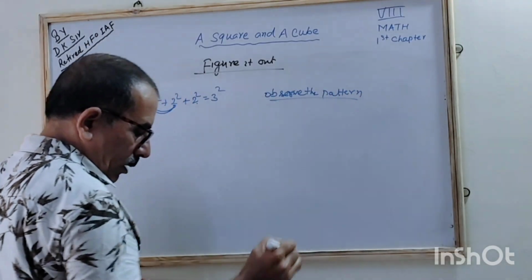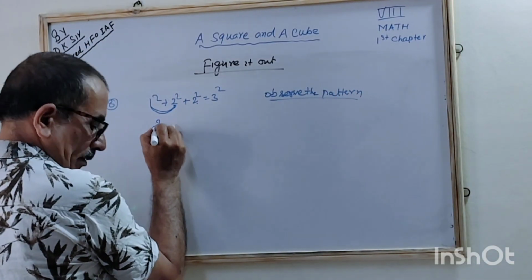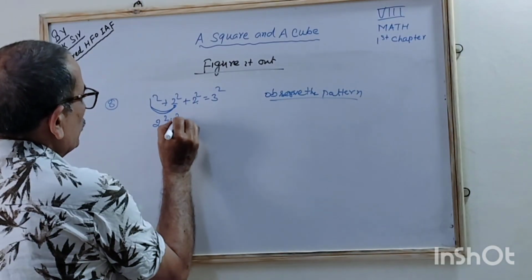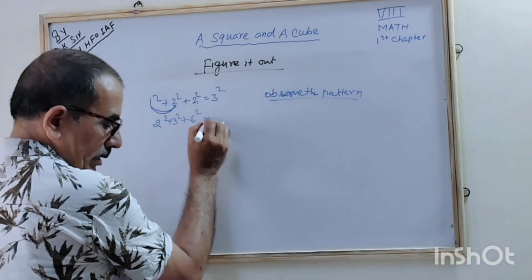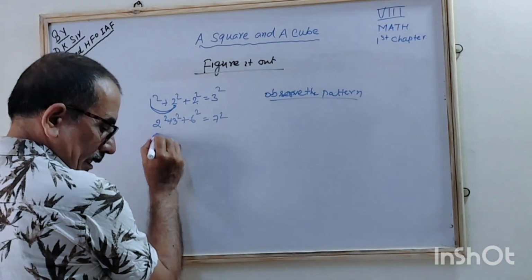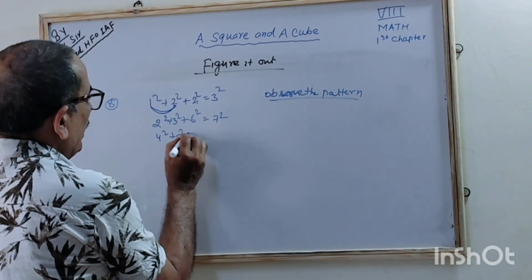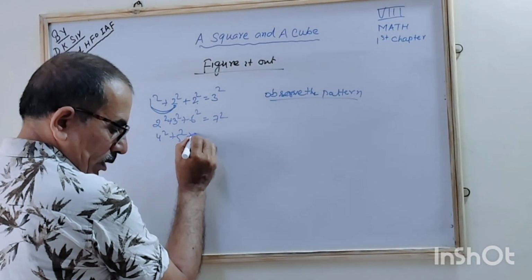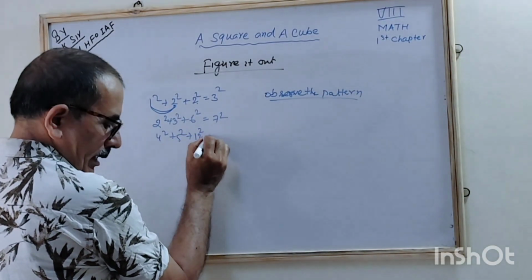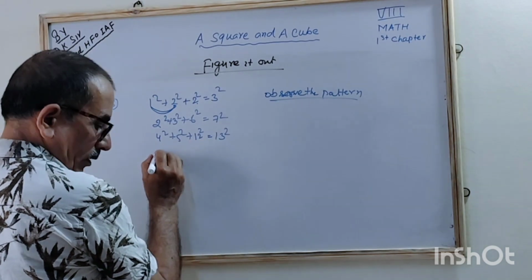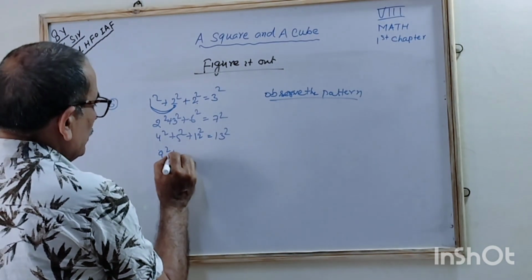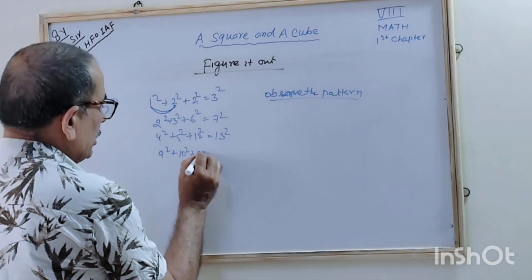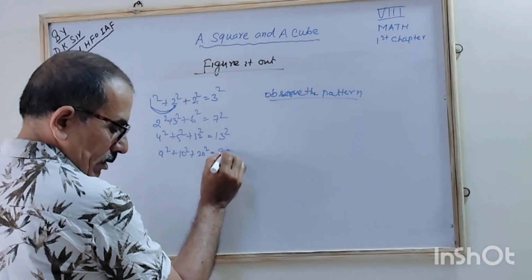One more example I'll give you. 2 square plus 3 square plus 6 square is equal to 7 square. The next is 4 square plus 5 square plus 20 square is equal to 21 square.